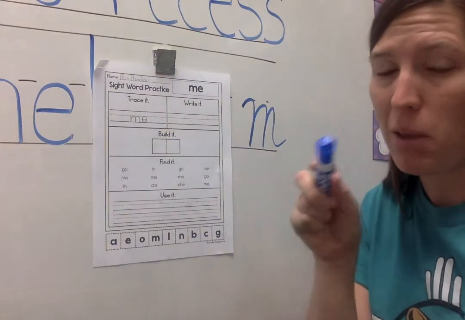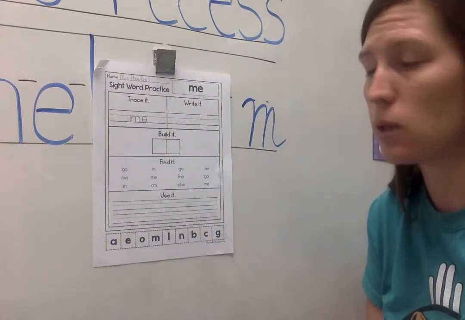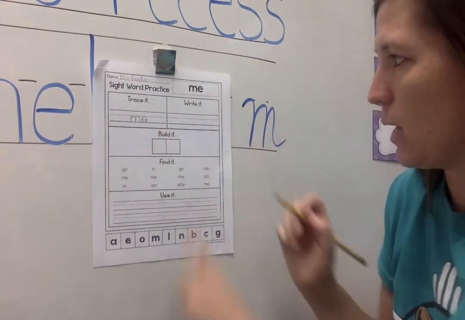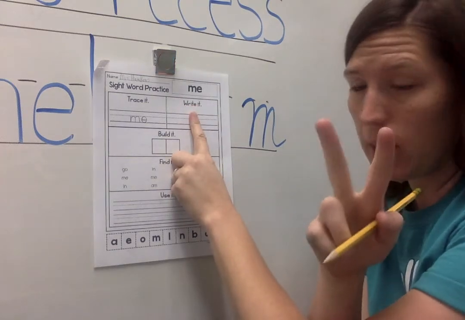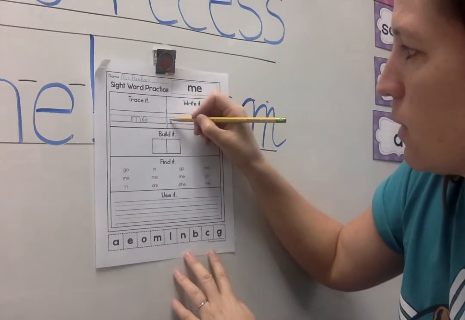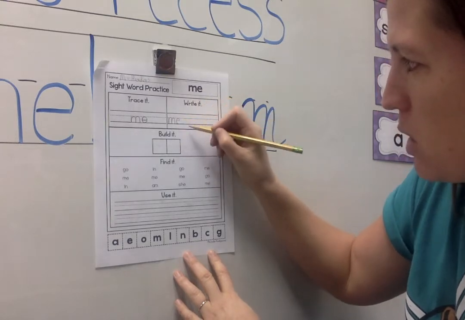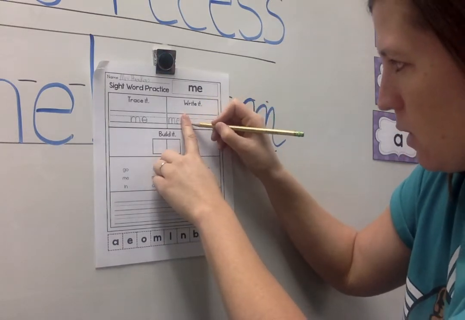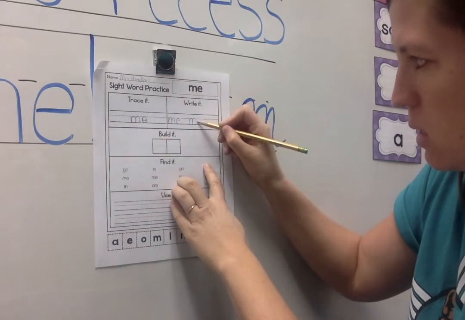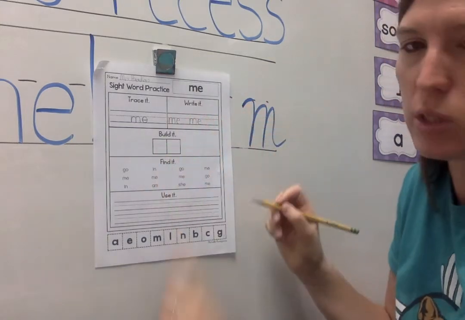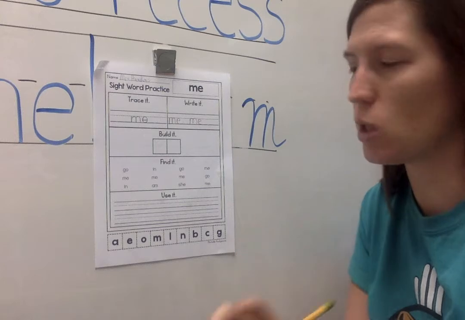That's why we don't pick our pencils up on certain letters. Write it. You're going to write it 2 times because it'll fit 2 times. M, E, me, finger space. M, E, me. You might be able to squeeze it in one more time, but just do it 2 times.